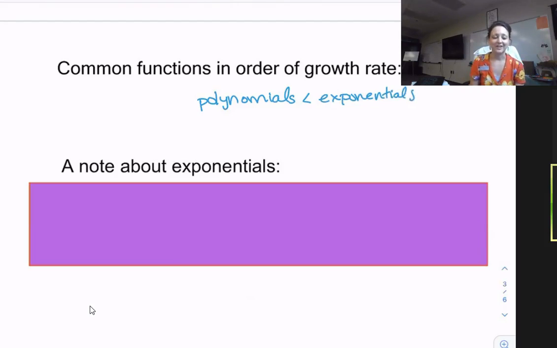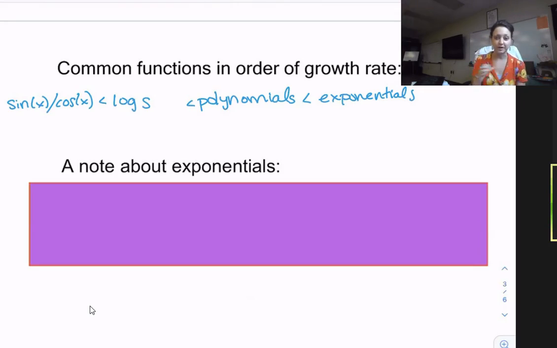Now the inverse of exponentials will be logs, so those will be your slowest growing functions. And then I'm also going to put here sine of x and cosine of x at the very bottom of the totem pole, because remember, those are just waves, so they don't grow at all. Okay, so exponentials grow faster than polynomials, grow faster than logs, grow faster than sine and cosine.